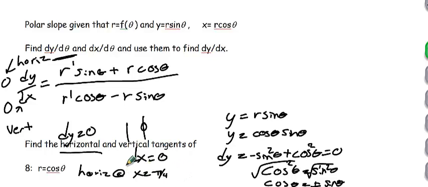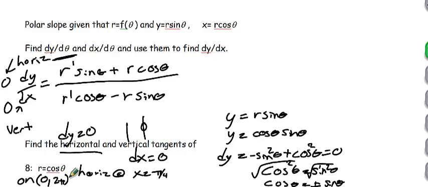So a lot of times you're going to find the horizontal and vertical tangents of this on 0 to 2 pi. Sometimes with brackets, sometimes with non-brackets, but you really don't want to think about horizontal and vertical tangents at endpoints because it's hard to see what happens after them.